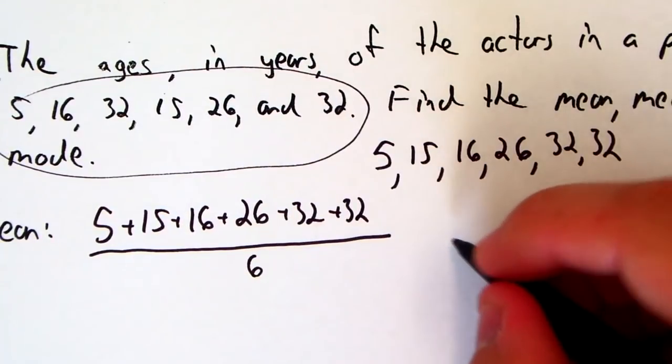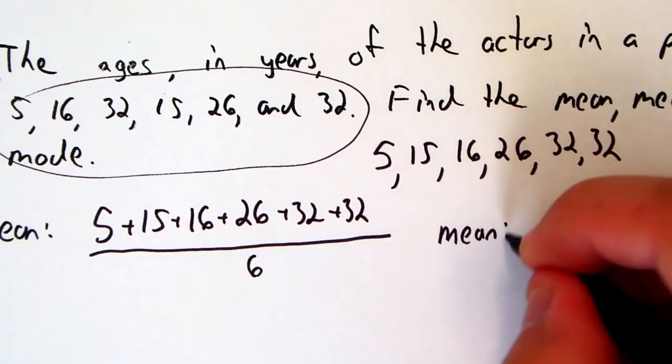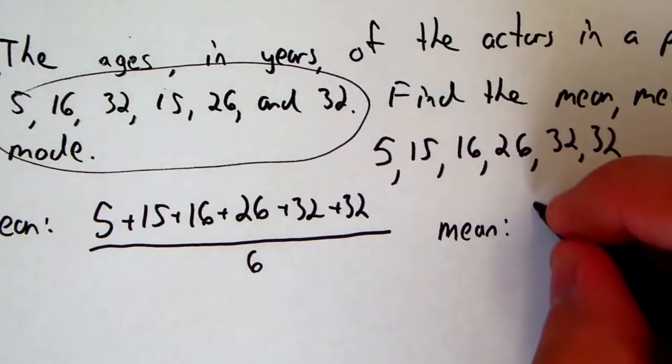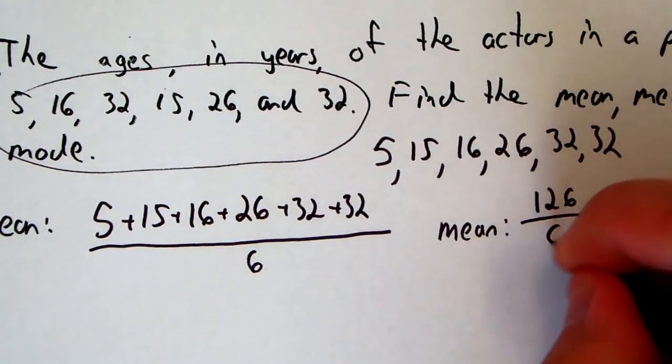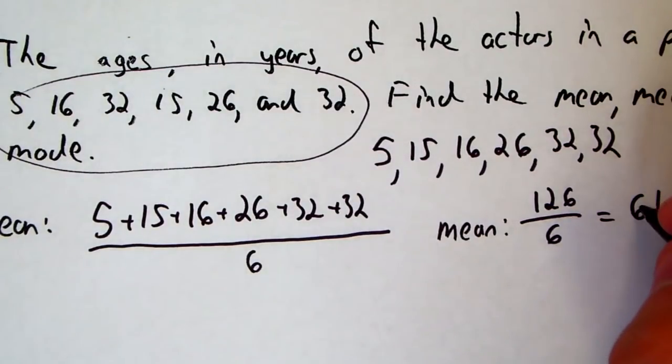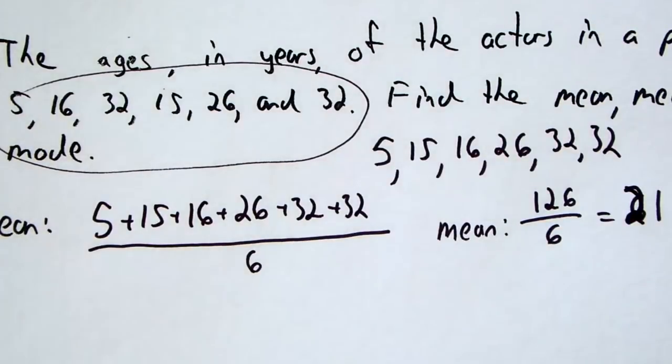So the mean, if we add them all up, 5 and 15 and 16 and 26 and 32 and 32, we get 126 divided by 6, which is 61. Nope, 21. 21. That makes more sense.